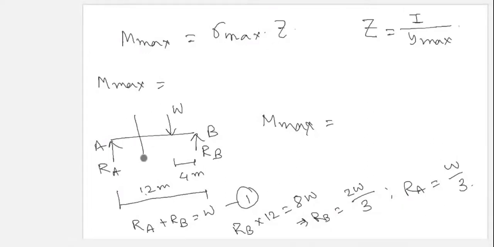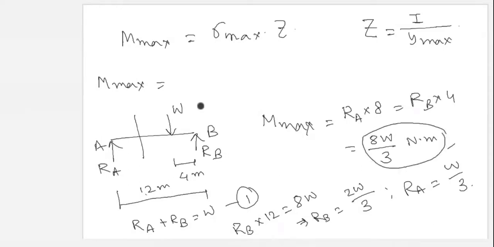Okay, so the maximum bending moment will come at this position. If you just find it out, you can see, here it is RA into 8. Also, if we come from this section, we can say RB into 4. In both cases it will give us the maximum bending moment of 8W by 3 Newton meter, because all these things are in meter.